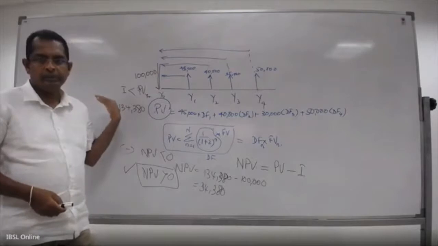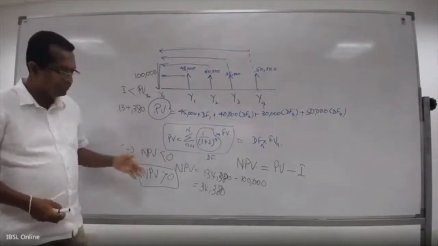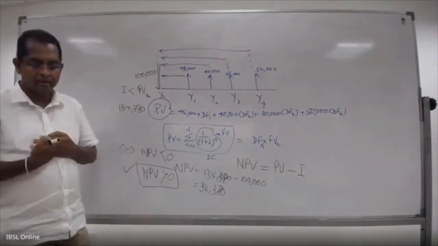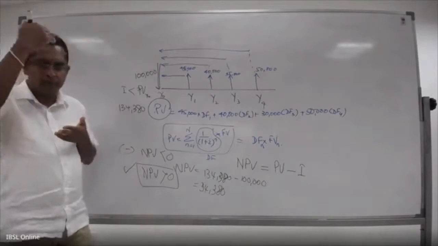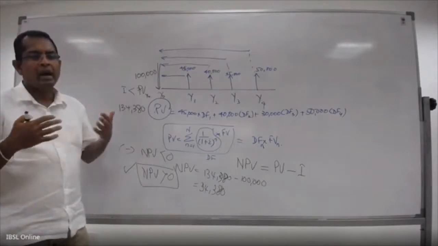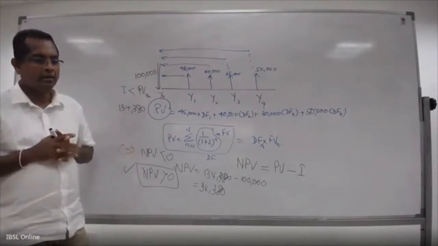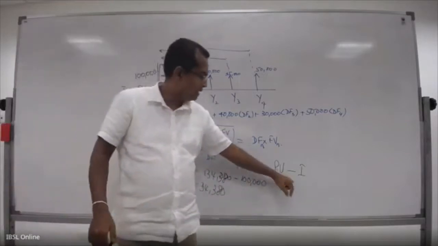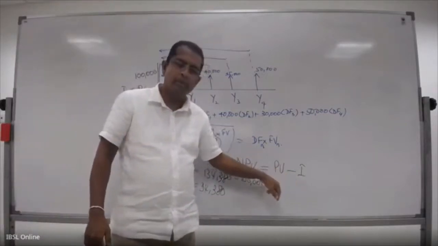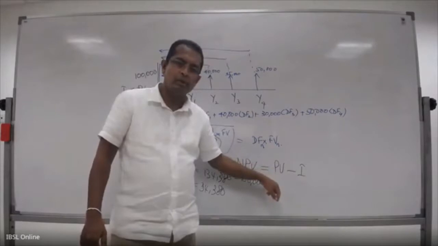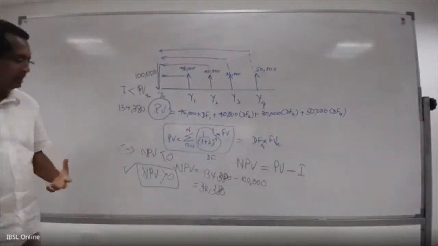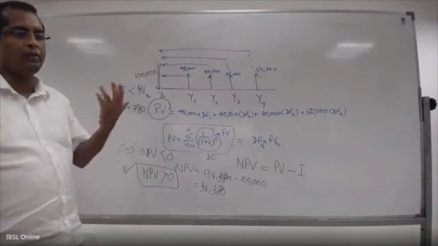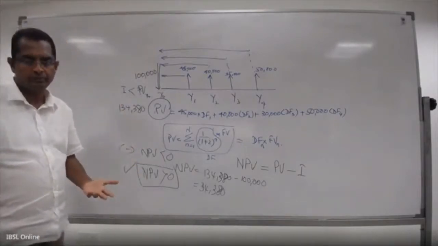If my net present value is negative, it means by discounting and taking all the future values to today, I will not get even my initial investment. That's why this is negative, less than 0, right? So for a project to be attractive and to be considered, net present value always has to be positive, right?